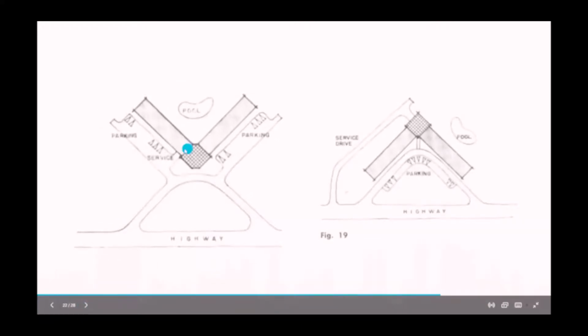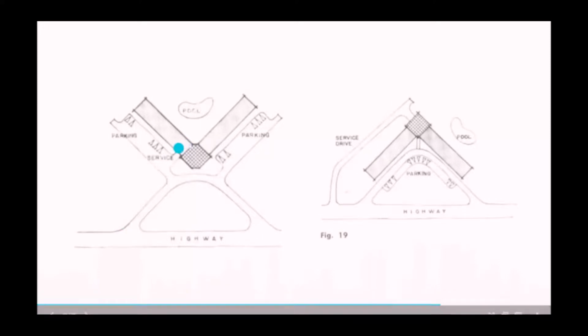So another example. This is the highway, and this is within your site. Pwede dito, ito yung entry, ito yung exit out of your site, and then some nice developments in the center, and then your parking here, and this is your receiving area.